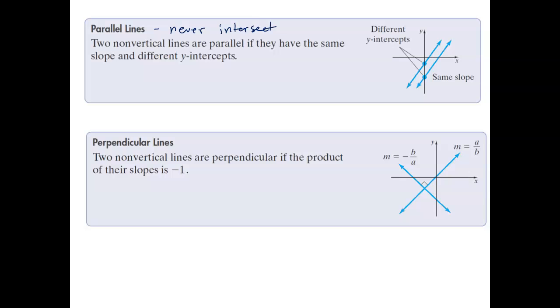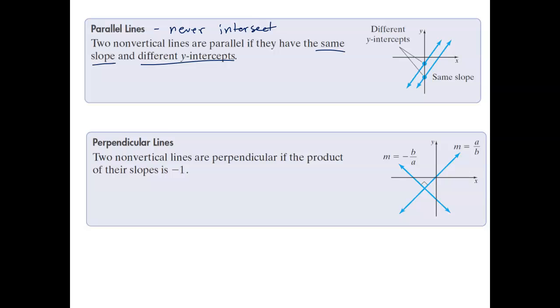We compare the slopes and the y-intercepts. The slopes are the same, but the y-intercepts have to be different. What if the slopes were the same and the y-intercepts were also the same? It would be the same line. But if we have the same slope and a different y-intercept, then we have two distinct lines that are going to be parallel. They'll never intersect because they have the same rate of change.